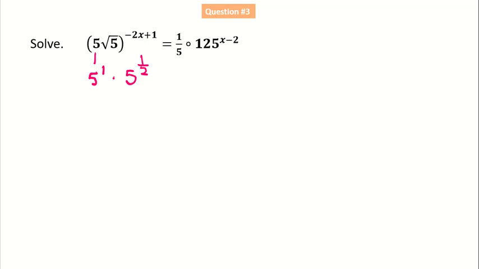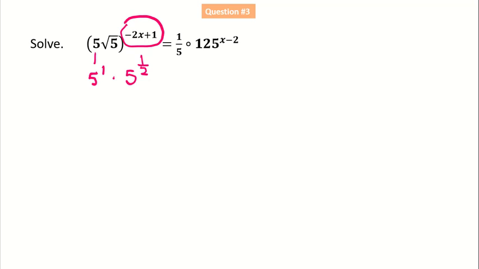Okay, and then we're raising all of that to this power. Take a minute and let that sink in, and write this down too. It kind of helps to have it written down. Alright, now let's keep going.